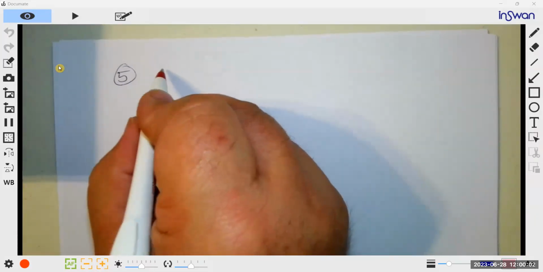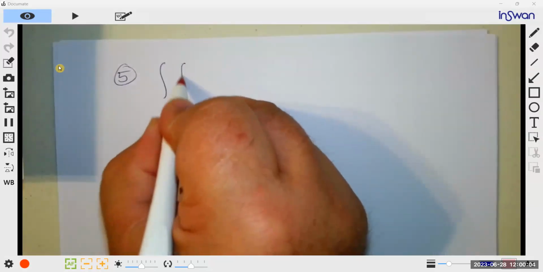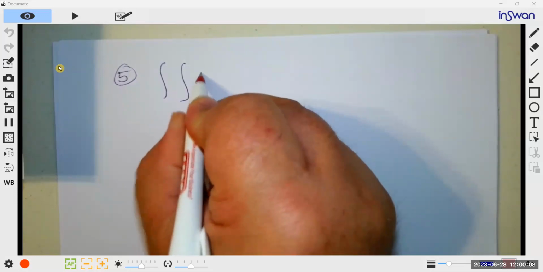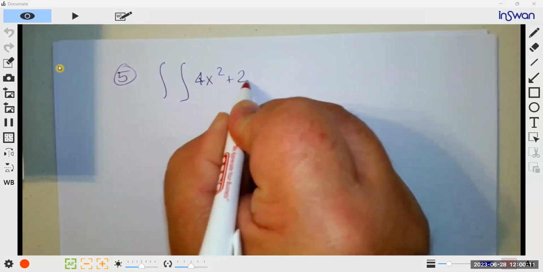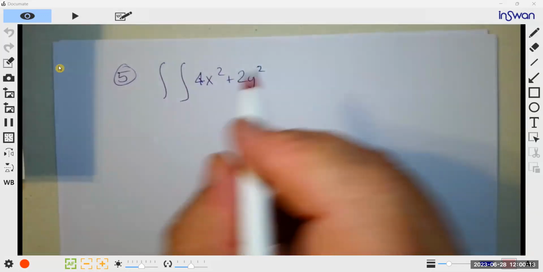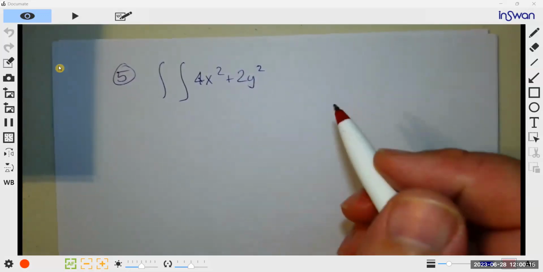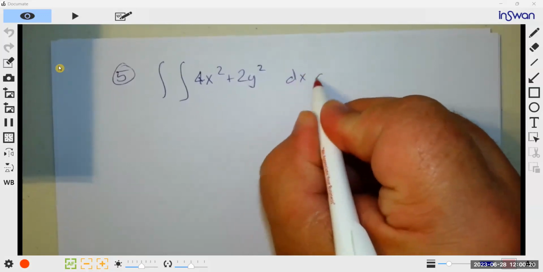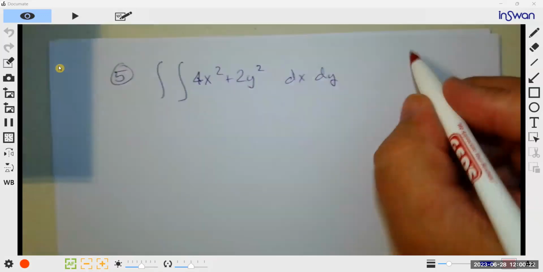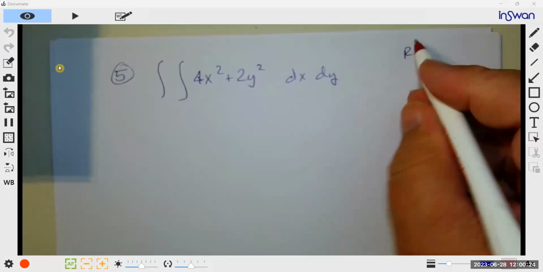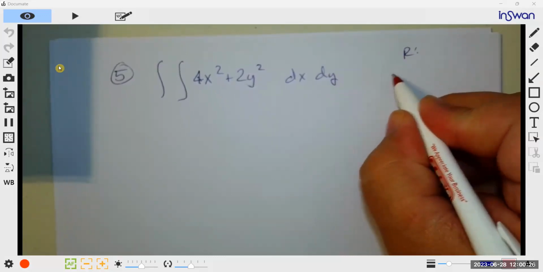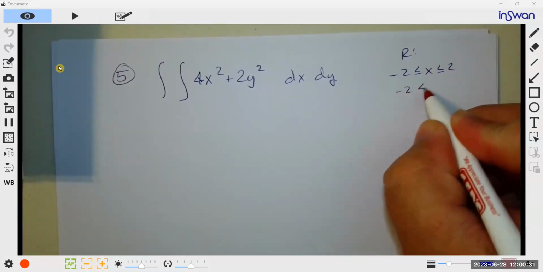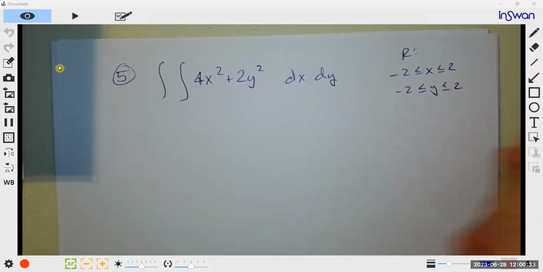So we're talking about the integral of 4x squared plus 2y squared. It doesn't matter which way, so we could do it dx dy. Remember, our region is from -2 to 2 and from -2 to 2.